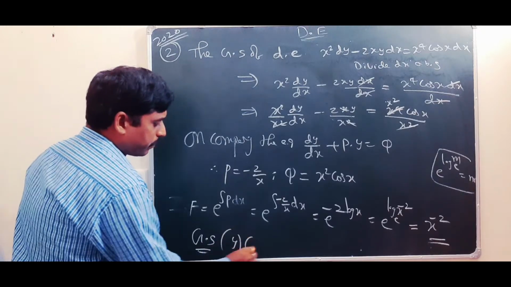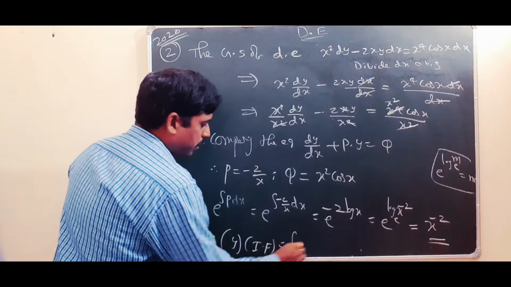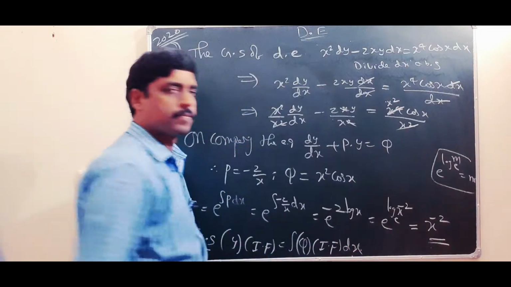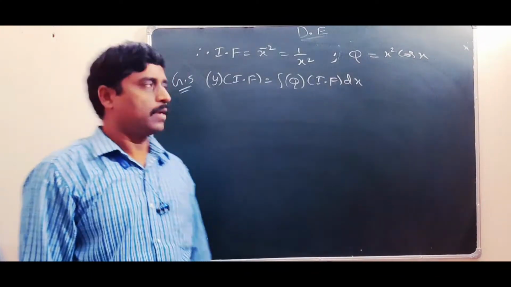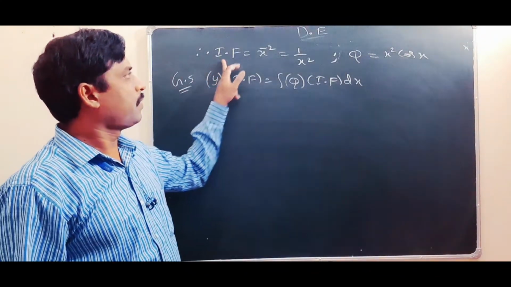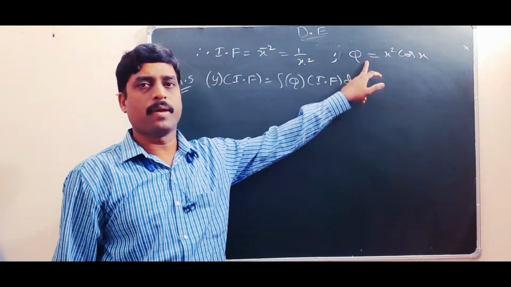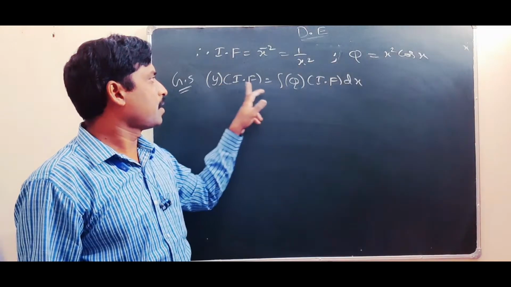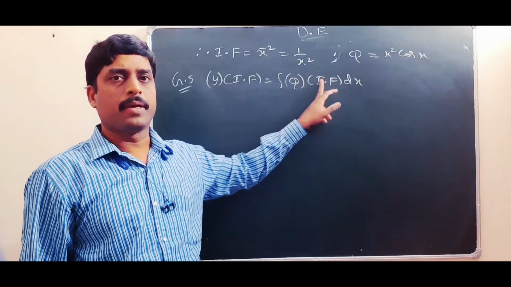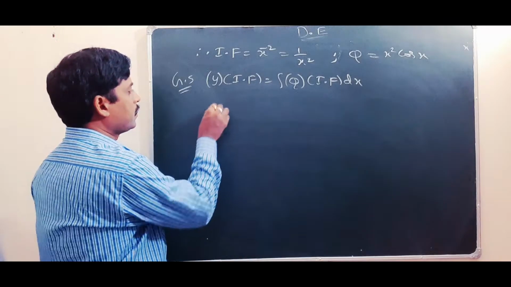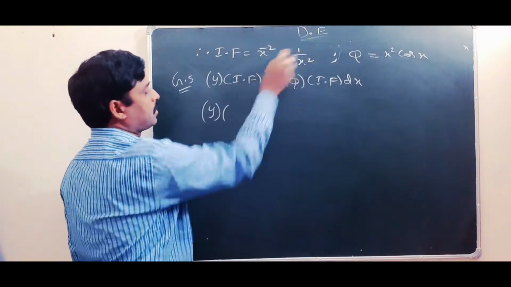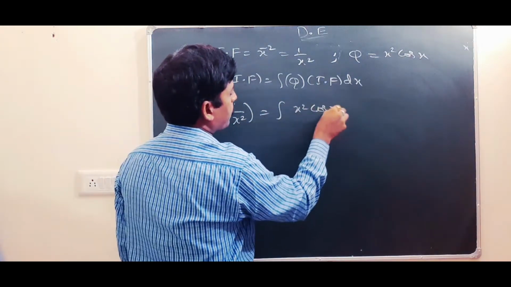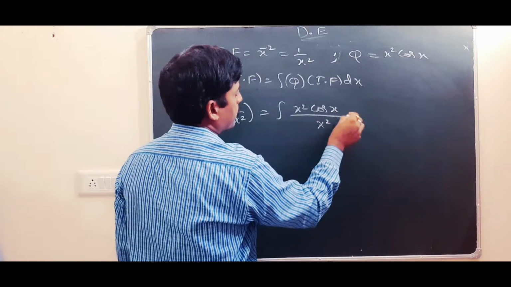So what is the general solution formula? y into I.F. is equal to integral q into I.F. into dx. We have integrating factor value 1 by x square, q value x square cos x. So y into integrating factor, y by x square, is equal to integral of x square cos x into 1 by x square dx.